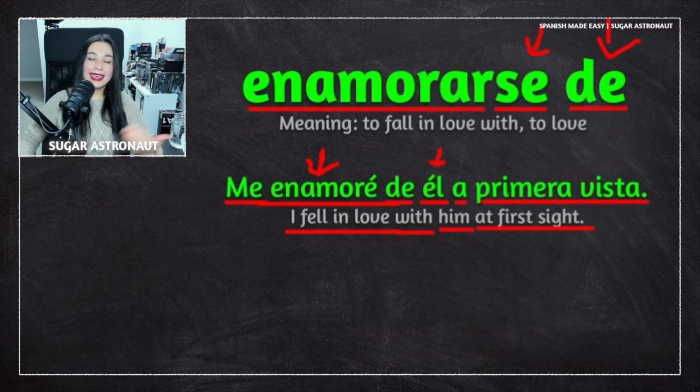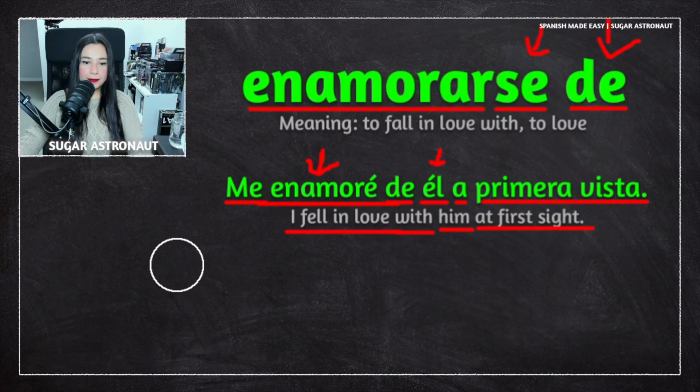A, at, in this situation specifically. Me enamoré de él a primera vista. I fell in love with him at first sight. Excellent. Now, let's look at the next example.